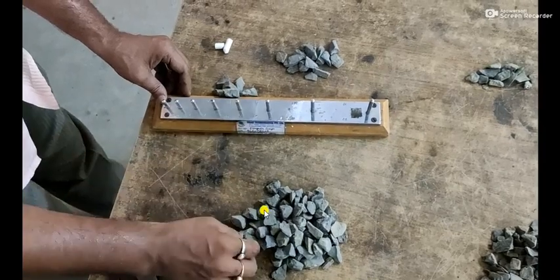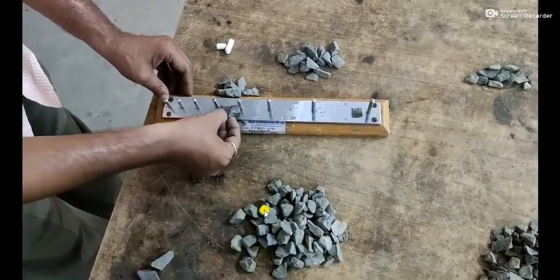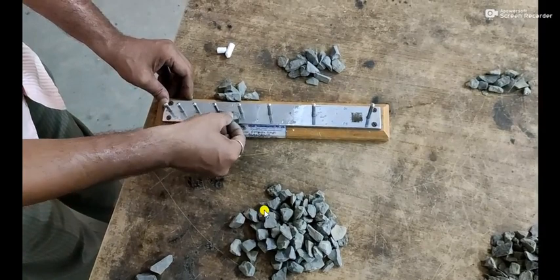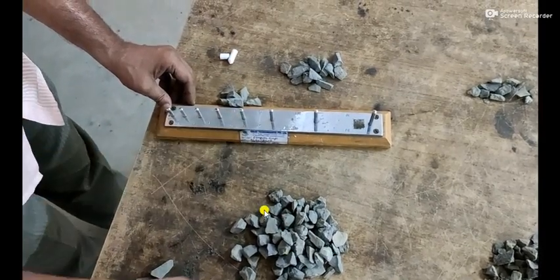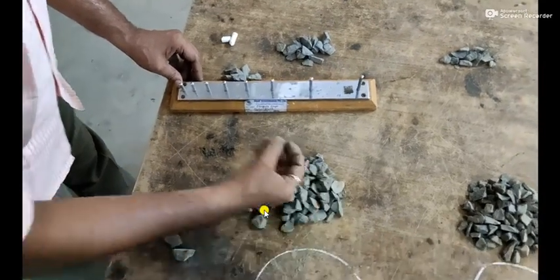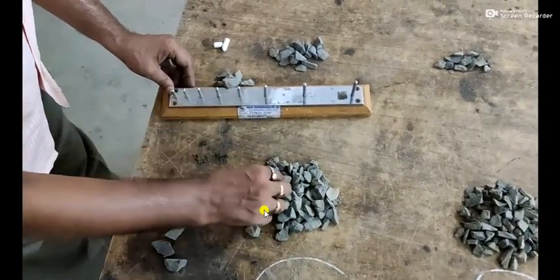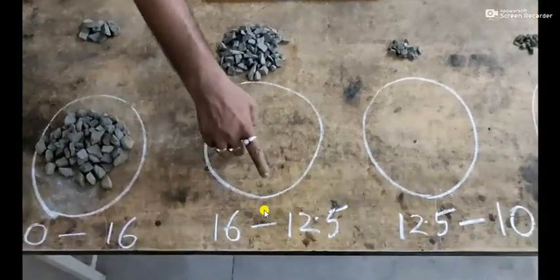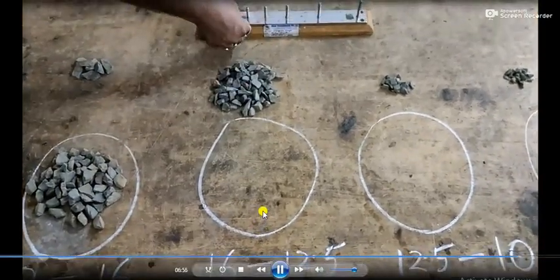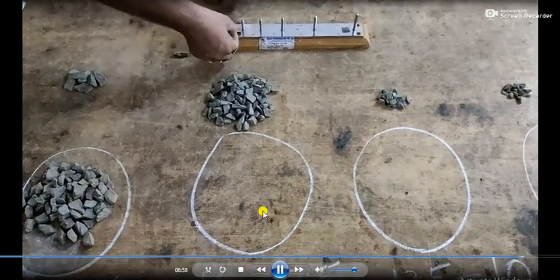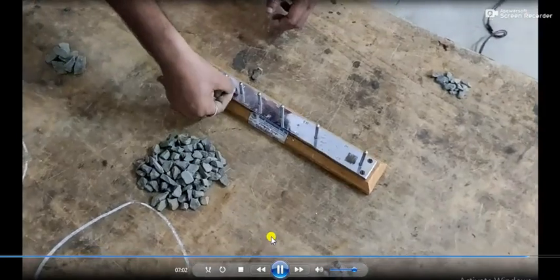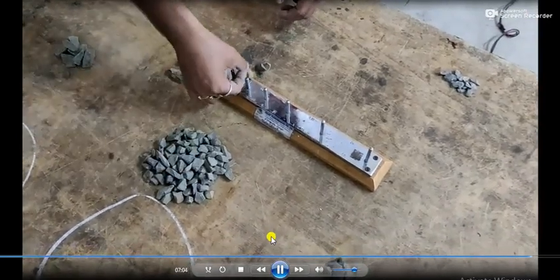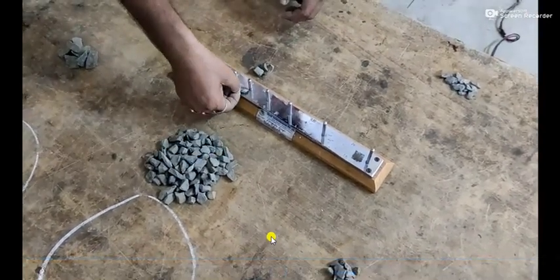With the help of this process, we will be able to separate the elongated materials. This is again manual testing and it will take a lot of time. So for the time being, we will show you only a few samples which are either passing or retained through the sieve, and Mr. Bhattacharya is doing his job.